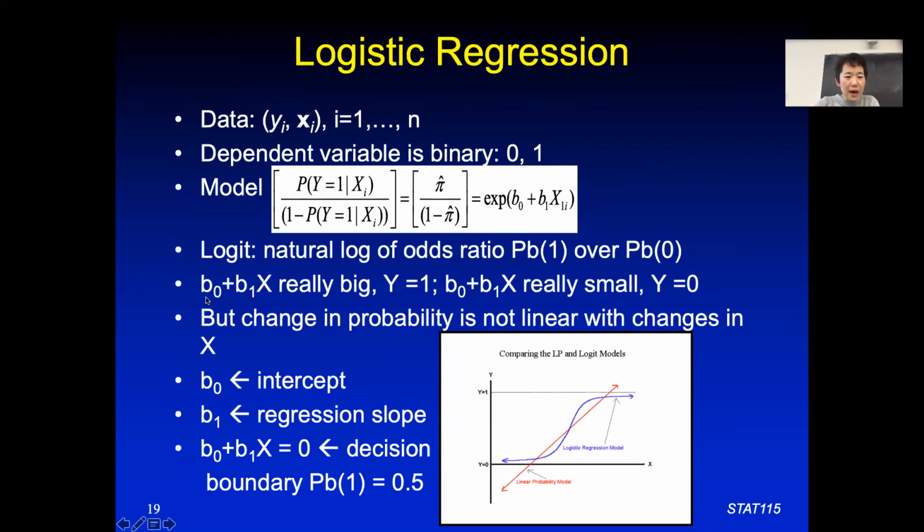So you can imagine if this value is super big, then we say, okay, it's almost certainly going to be 1. But if this is really, really small, we say it's close to 0, but it never really gets to positive infinity or negative values, which are harder to interpret, right? Between 0 and 1, it's really easy to interpret.